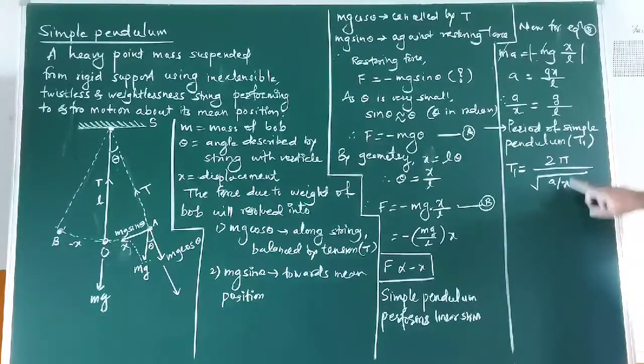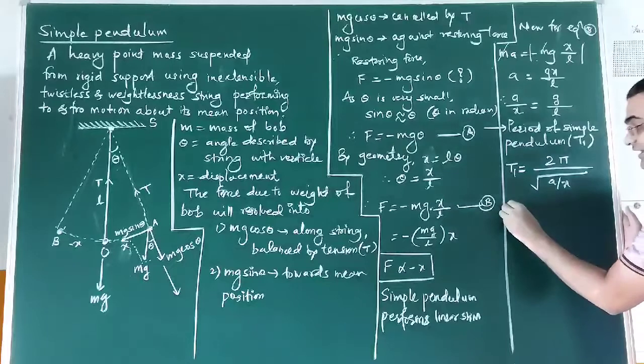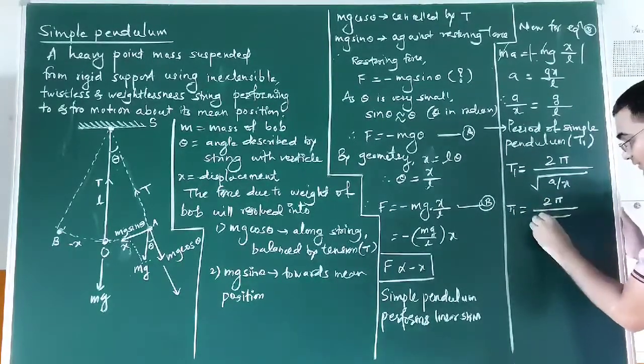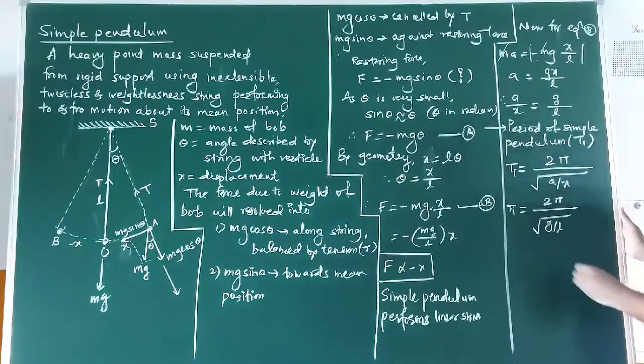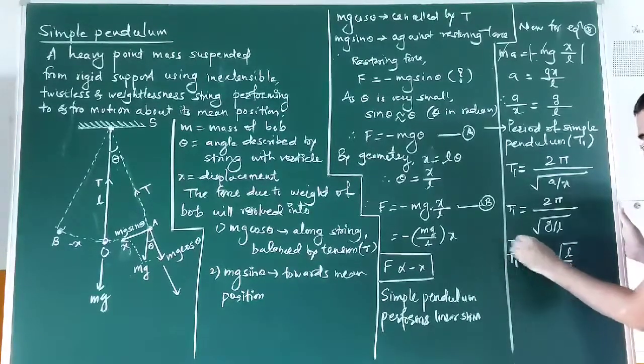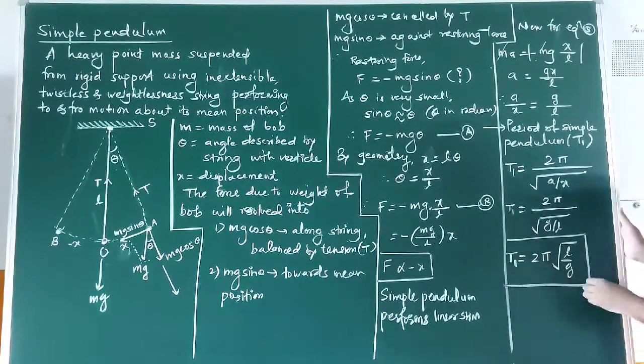Substituting value of A upon x as g upon L, I will get T1 equal to 2 pi divided by root of g upon L equal to 2 pi into root L upon g. So this will be the formula for period of simple pendulum.